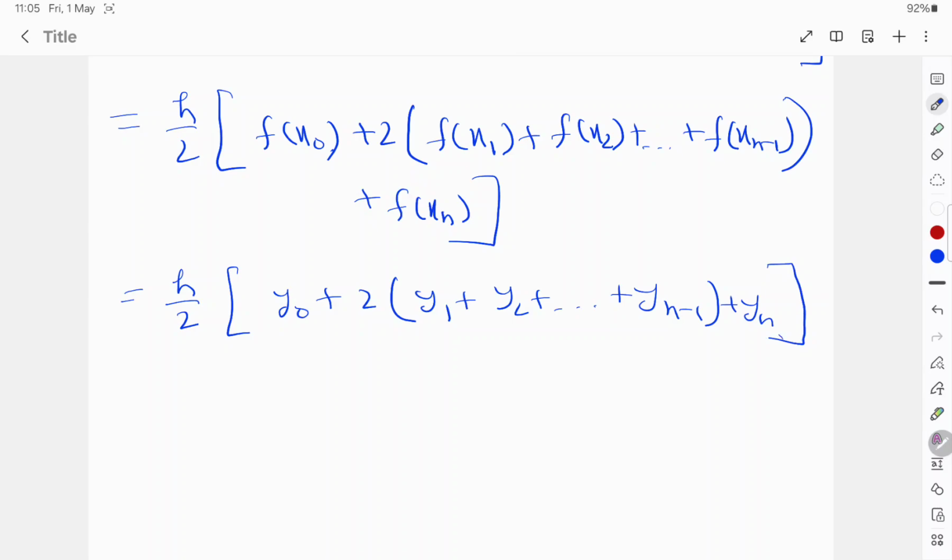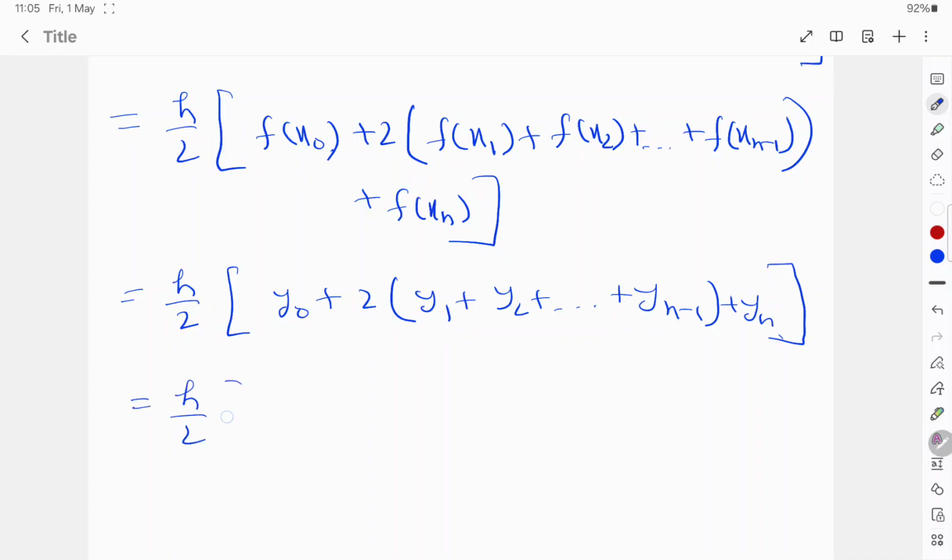So this is your formula for composite trapezoidal. Remember it this way: h by 2 times your first plus last, plus 2 into the sum of all the others.